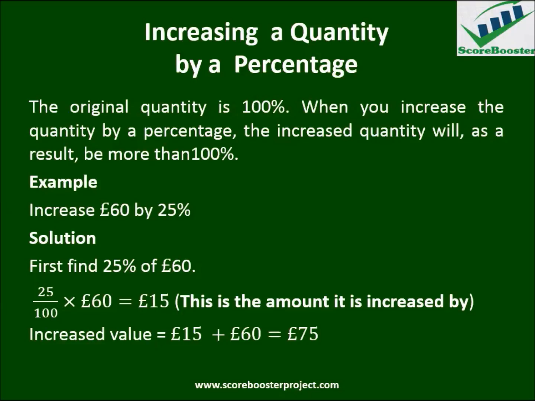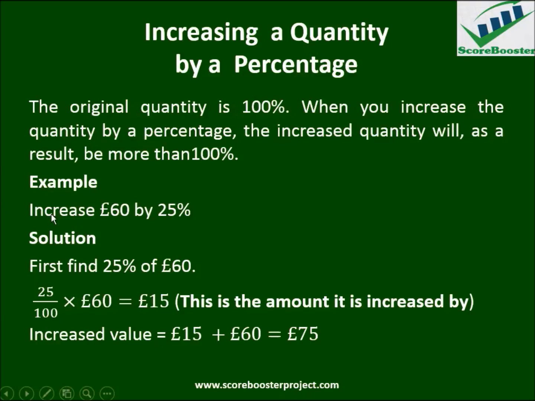Similarly, when you decrease a quantity by a percentage, your result will be less than 100% of that quantity. And when you increase the quantity by a percentage, your result will be more than 100% of the quantity. So let's have some examples to further clarify the concepts.